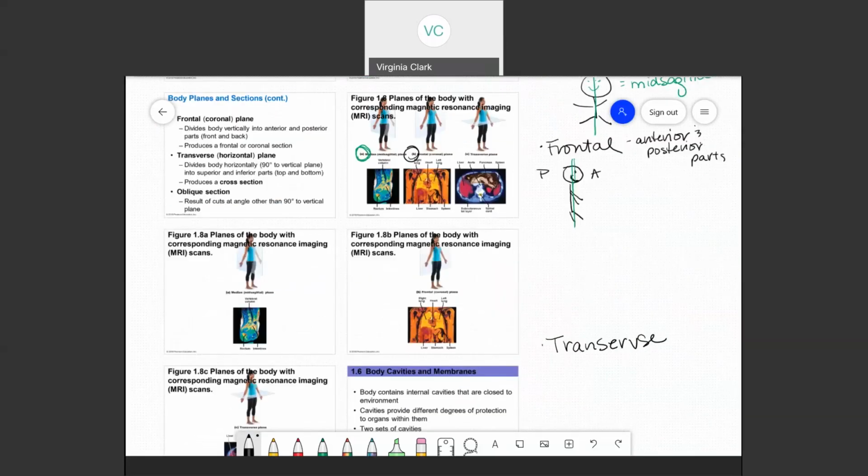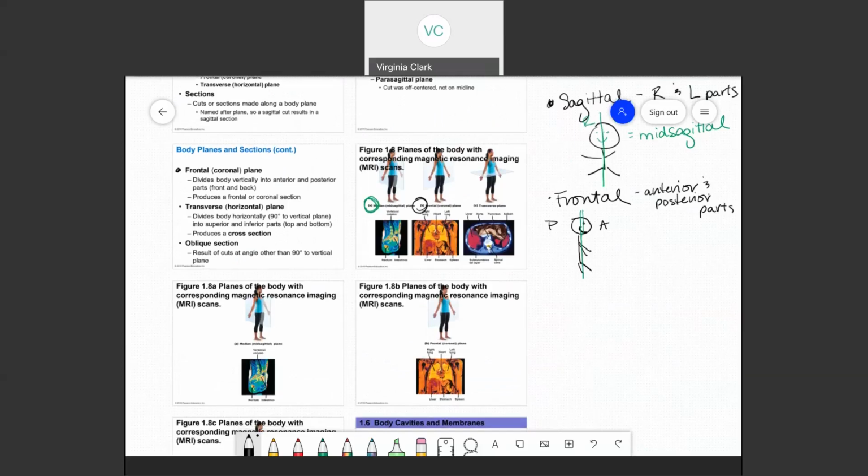The transverse section is, like I said, it's going to be the easiest. And with this one, here's my little guy. He's facing forward again.